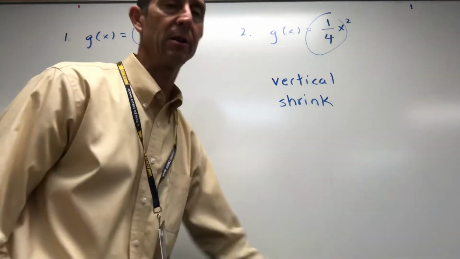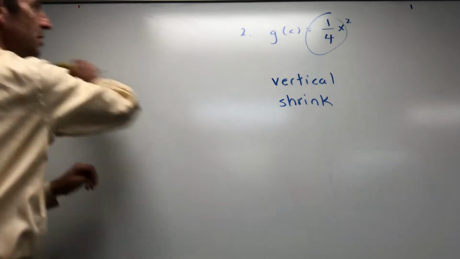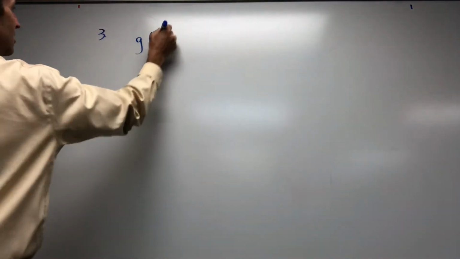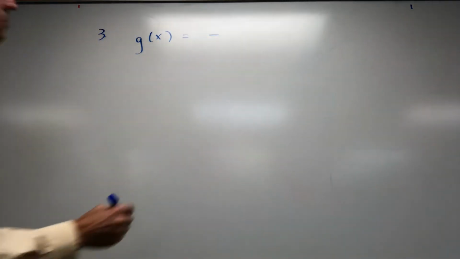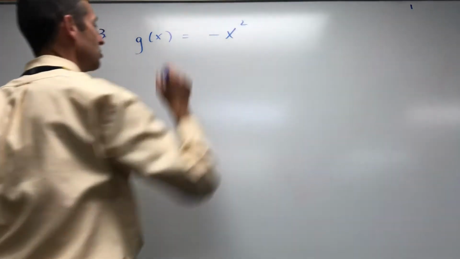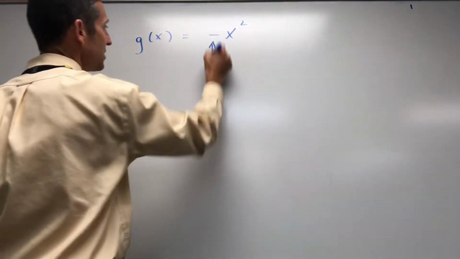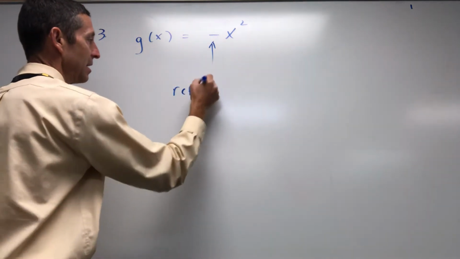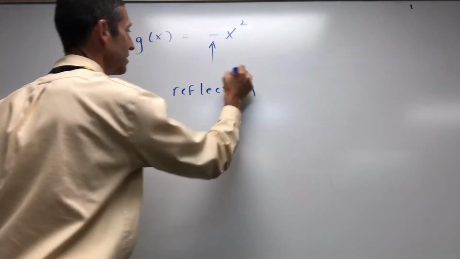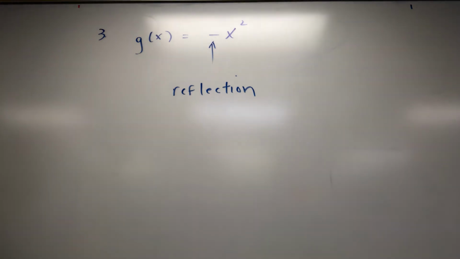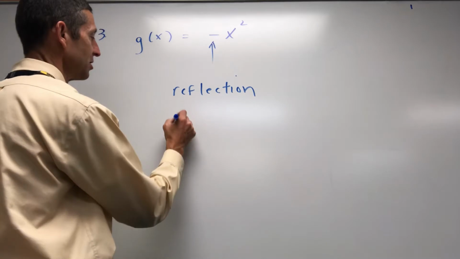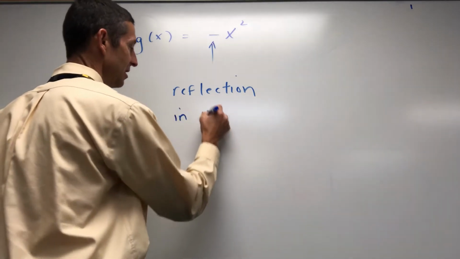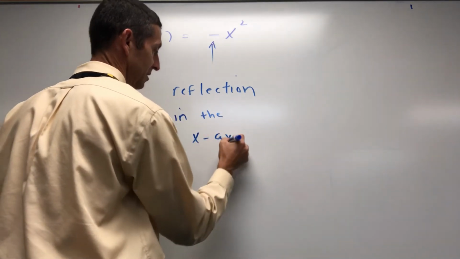One more on this, we can look at the reflections when there's a negative sitting right there. So let's say we have a negative sign in front of our x squared. This negative sign right there makes this a reflection. So if your value's negative, whether it's a fraction or it's a number, it's going to be a reflection in the x-axis.